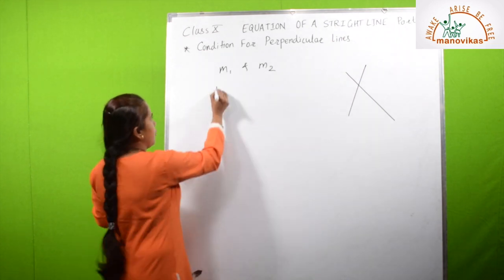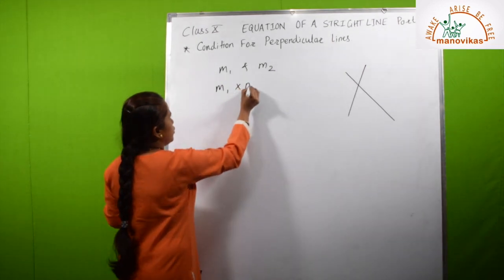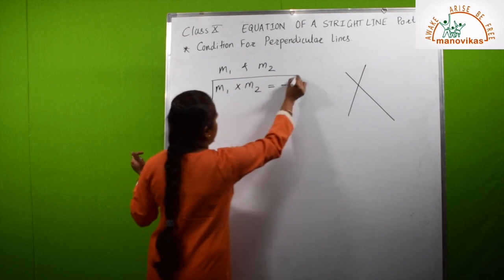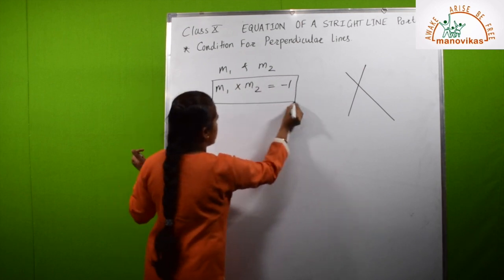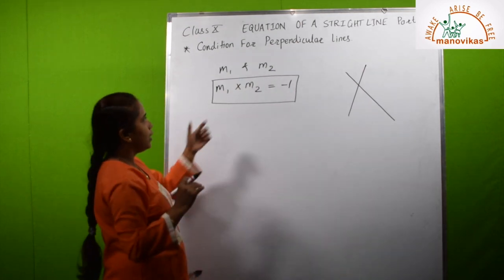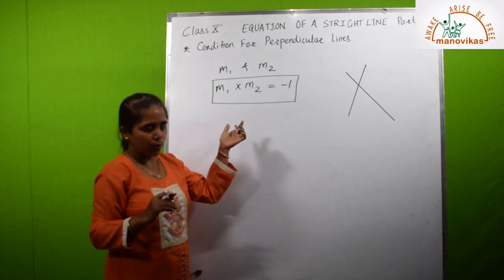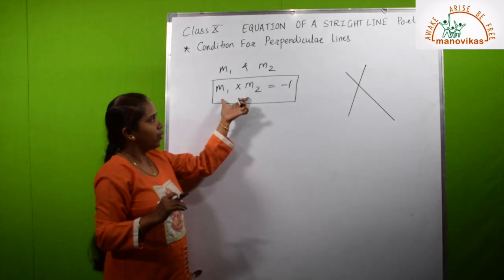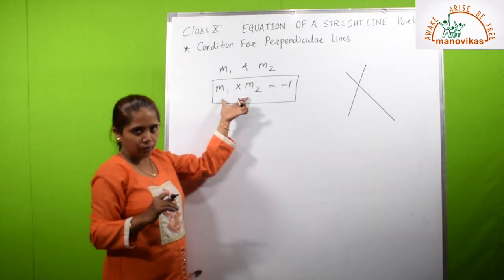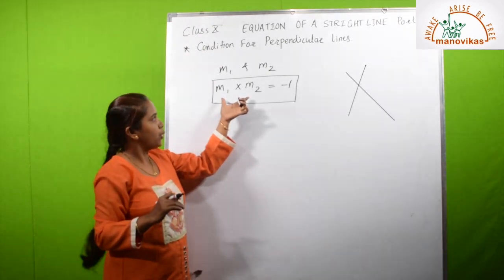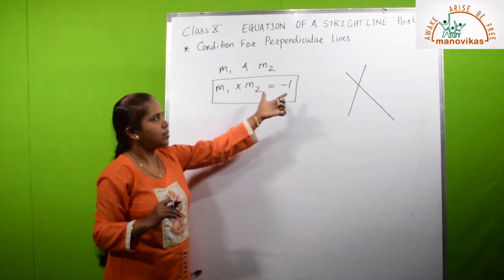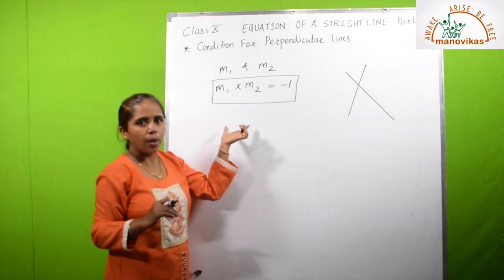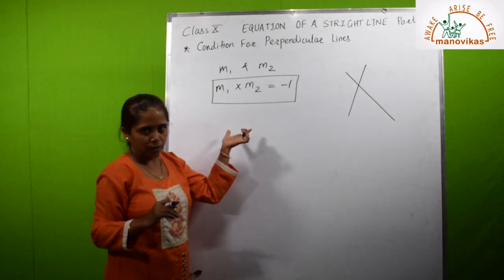It means m1 into m2 is equal to -1. If this condition is satisfied, then you can say that the lines are perpendicular to each other.